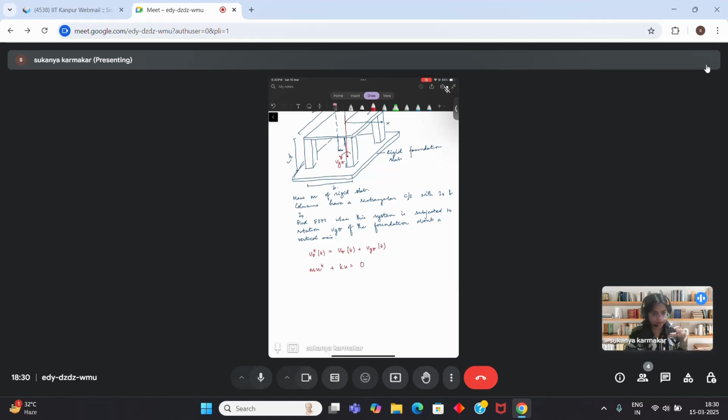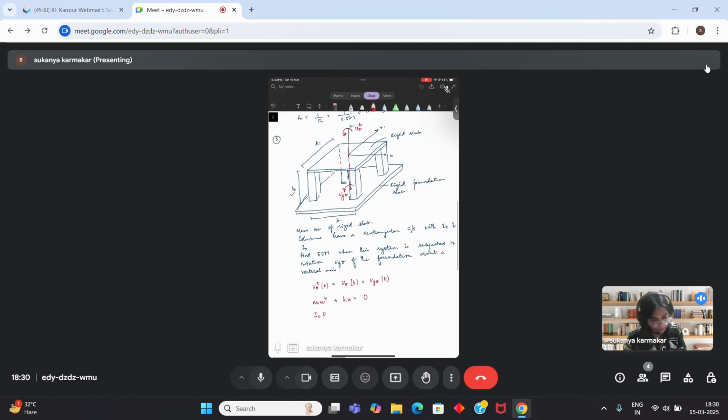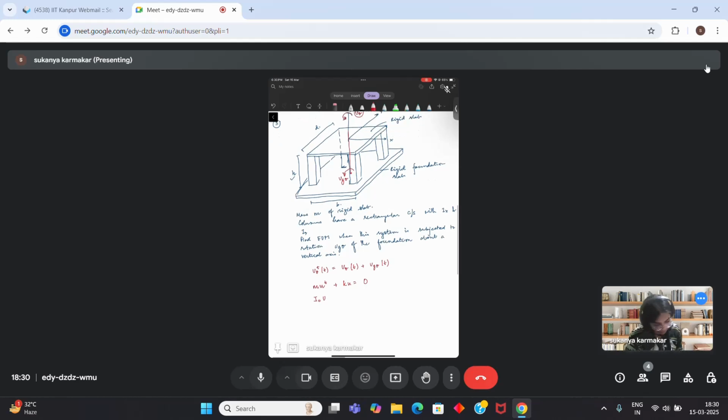So here, since things are rotating, rotational mass will come into the picture, which is the moment of inertia. So I naught, then u total, we'll be using this notation, u t theta double dot. This is the idea.